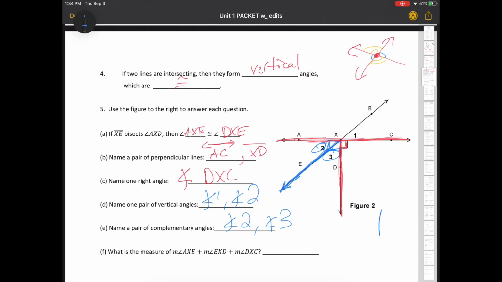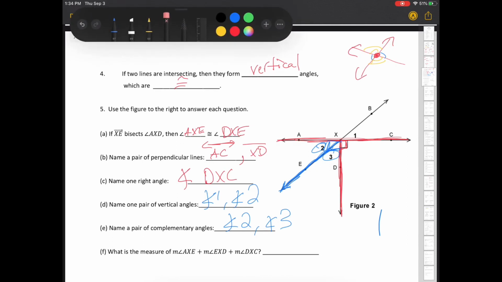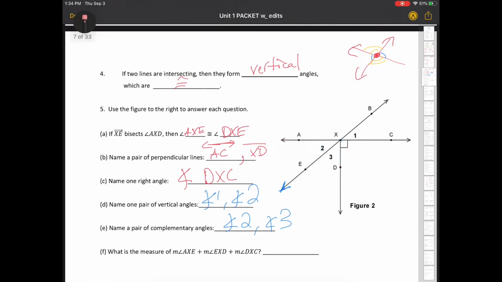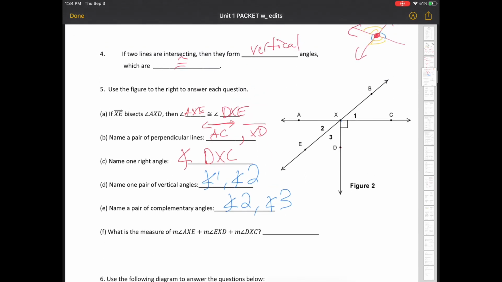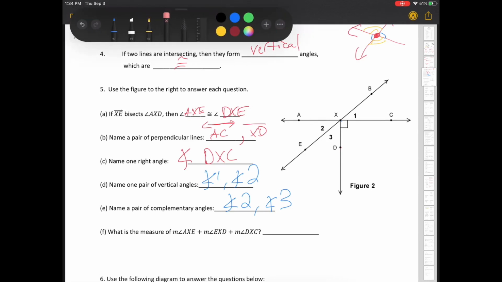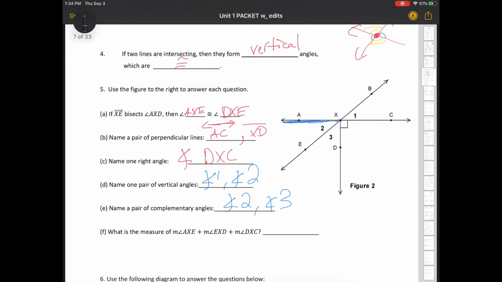Now let's go down here, a little bit of a trickier question. We have to come up with exact angle measures based off of what we're told. It says, what is the measure of angle AXE plus angle EXD plus angle DXC? So we need to find a total measure of three angles put together. Let's first highlight the ones we're looking at. Angle AXE, we need this angle.